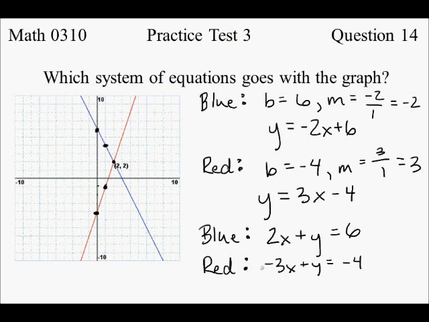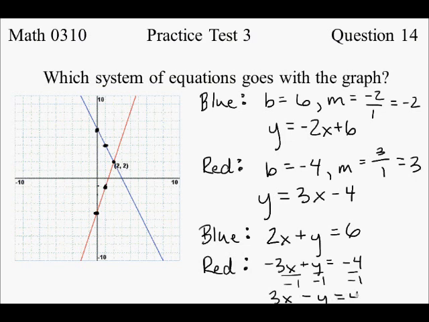A little reminder, in standard form we never want the x coefficient to be negative. We always want the standard form to start with a positive amount of x. So what we would need to do is divide both sides by negative 1 in order to change the sign there. And so our red equation in standard form would be 3x minus y equals a positive 4.